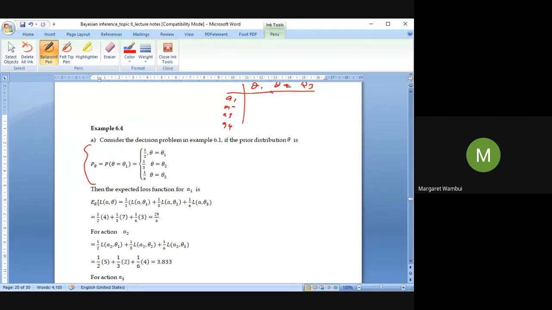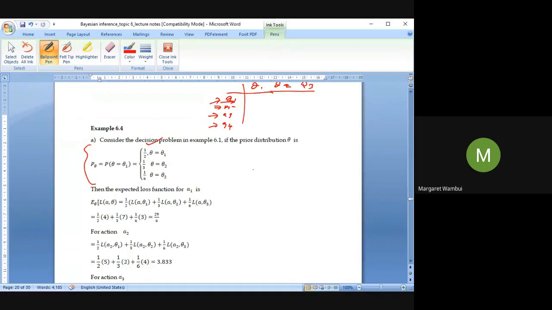But now, suppose the prior probabilities are provided. Then we are saying we can compute now the expected loss under each one of them. Because remember, we have said in our notes up there, you look for the expected loss under each of the actions, or rather the actions that are provided, the alternatives, then you will pick the minimum of the expected losses.